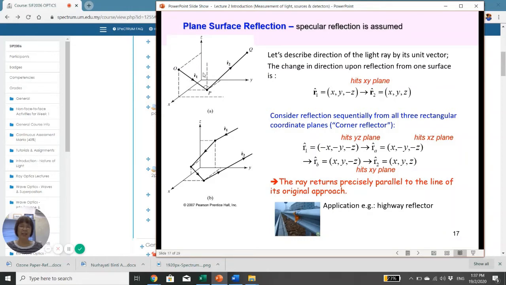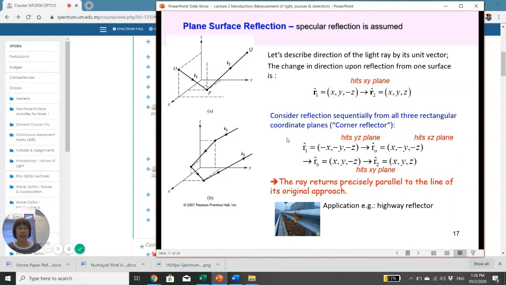That will result in a hit at point P, and it will result in a reflected beam with coordinates x, y, and positive z direction. And if we consider a sequential reflection, it reflects on this surface and this surface and this surface, and then it goes out. Usually we get this when we have a corner reflector.